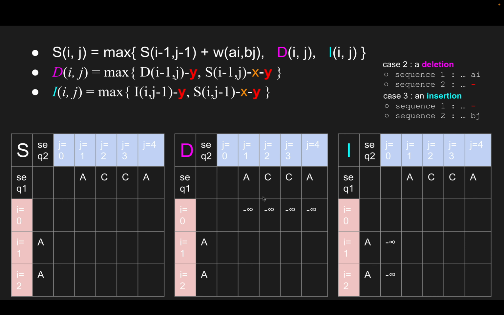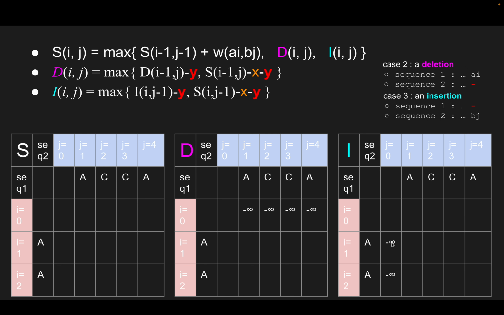Similarly, for an insertion, for j equals 0, there's no character for sequence 2, so there's no bj. So sequence 1 has to end with a gap symbol, but in I equals 1, meaning that the first sequence will end with A, it isn't possible.